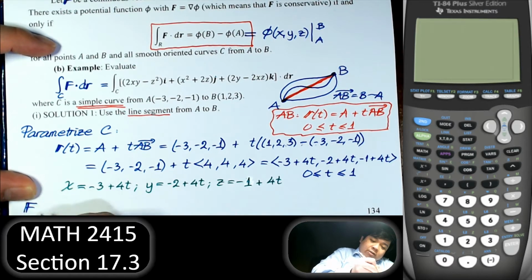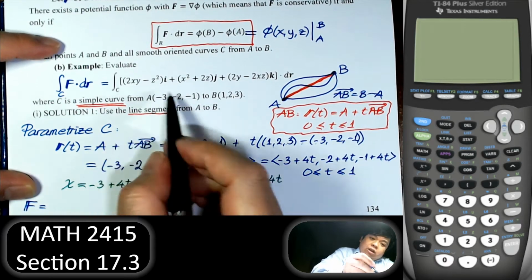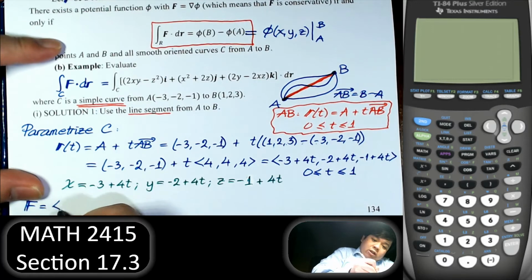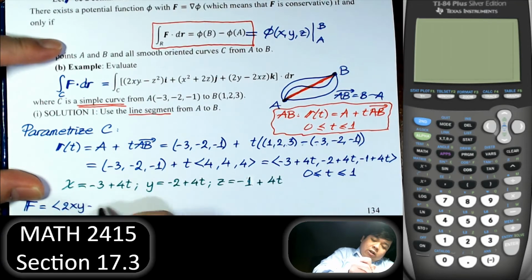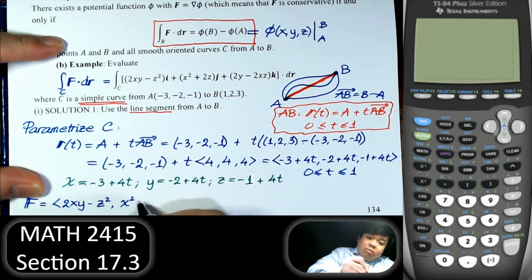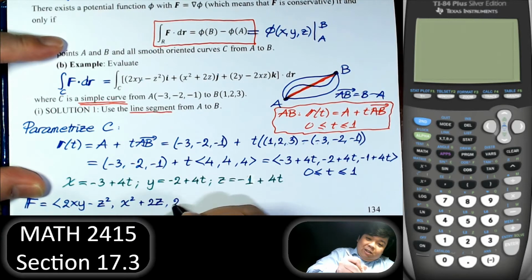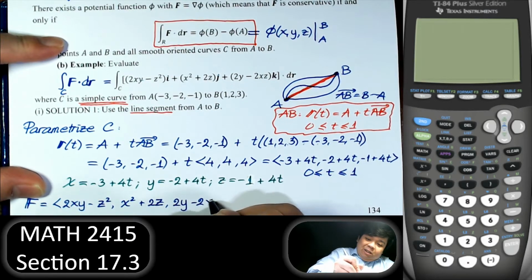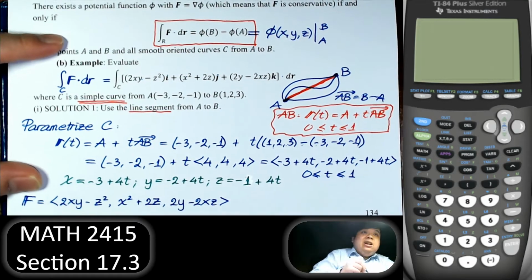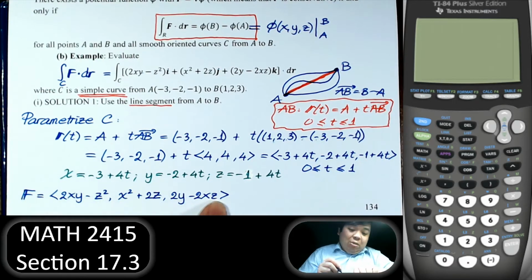So vector field f equal to, I'm going to write those 3 components in x, y, z. This problem is a lot simpler in my head. Now we have to write this in terms of t, that x, y, and z.